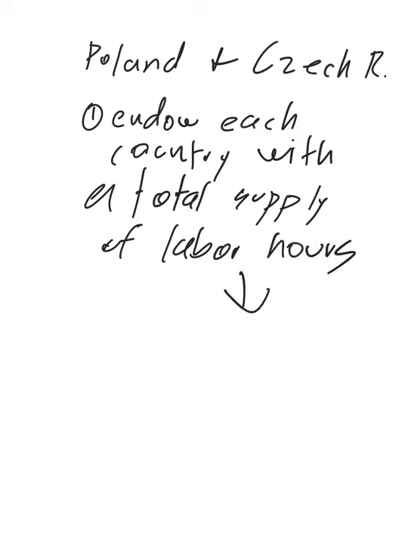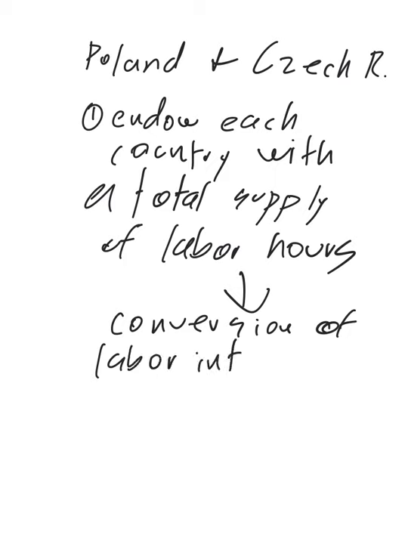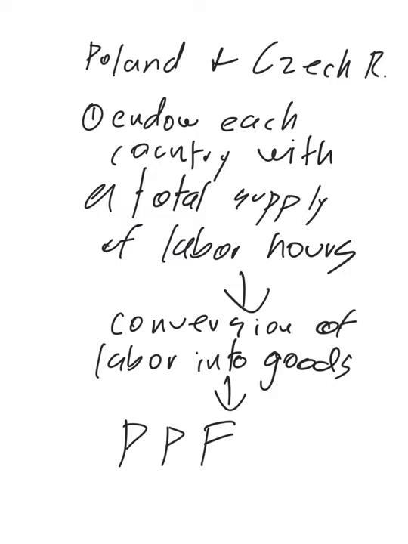And then from that, you use the labor hours that are available and you use the conversion of labor into goods, and that gives you, for each country, a production possibility frontier.